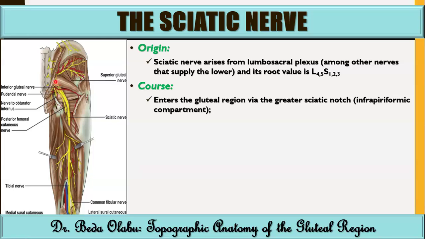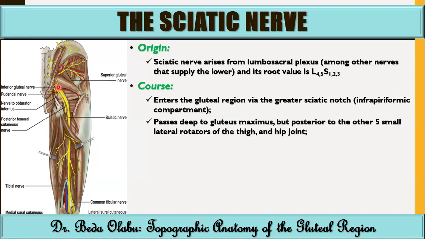The nerve passes below piriformis, so the infrapiriformic compartment. After traversing the infrapiriformic compartment, the nerve enters the gluteal region. Occasionally, the nerve may pass through piriformis, or it may divide into two, and one part passes through piriformis. Most of the time, the whole nerve is just single and passes below piriformis.